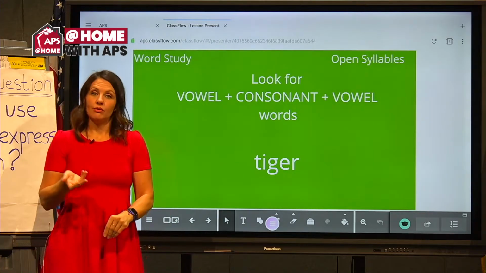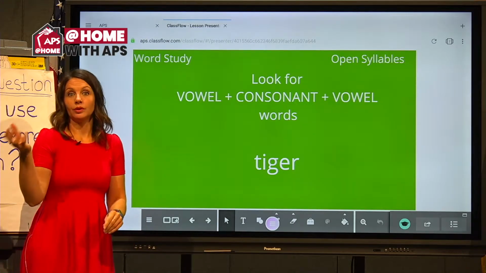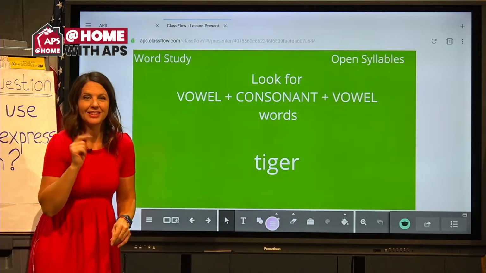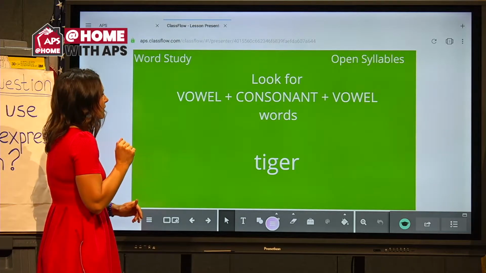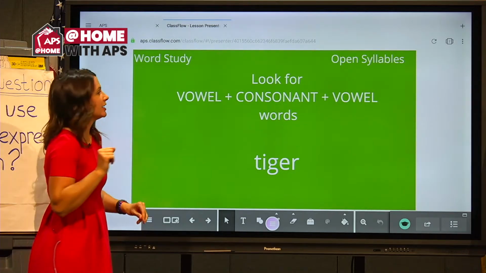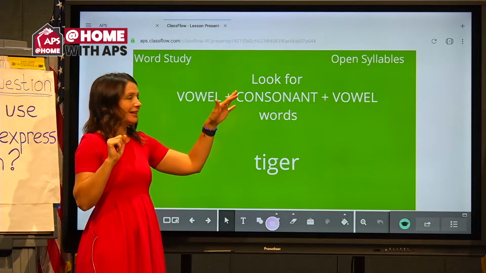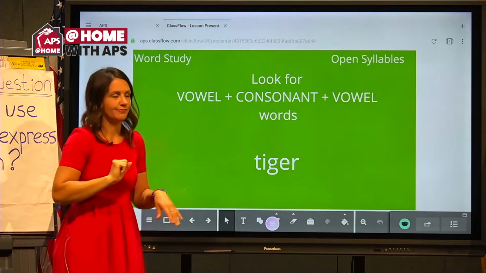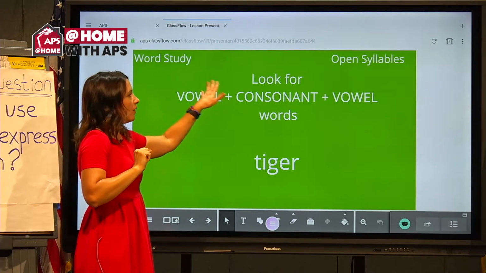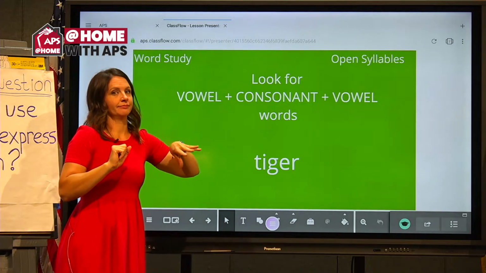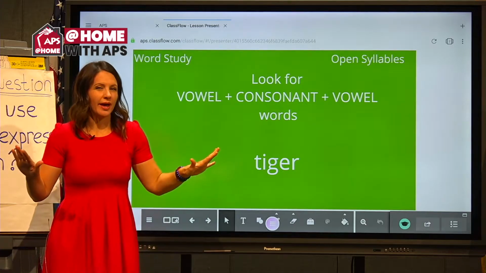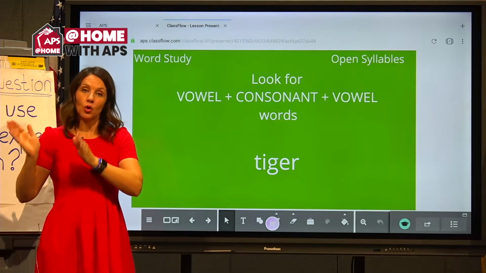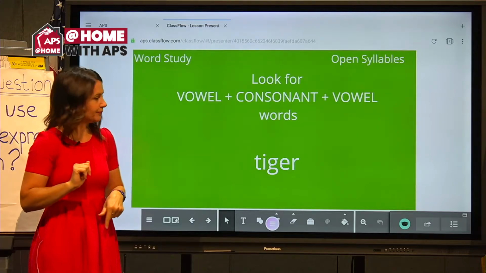If you want to know if there's an open syllable or a long vowel sound, there's a pattern. One of the patterns you may find is called the vowel, consonant, vowel, or VCV pattern. The vowel, consonant, vowel pattern almost always makes an open syllable at the beginning.